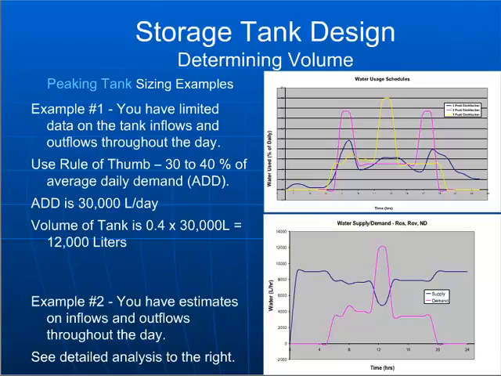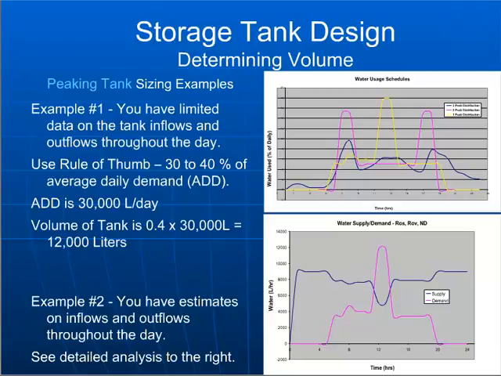If you've got a good feeling for how your community works and what type of schedule they're typically using, then you can actually design your storage tank such that it never runs empty. Through some pretty simple spreadsheet calculations, you can keep track on an hourly basis of how much water is being supplied to the tank through the conduction line, and how much water is being drawn out of the tank through the distribution line.